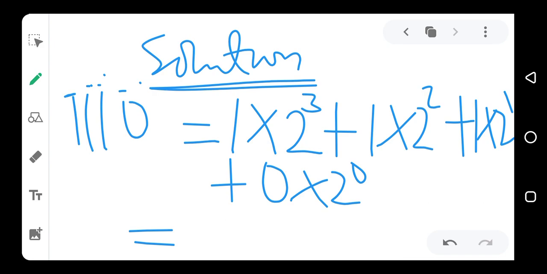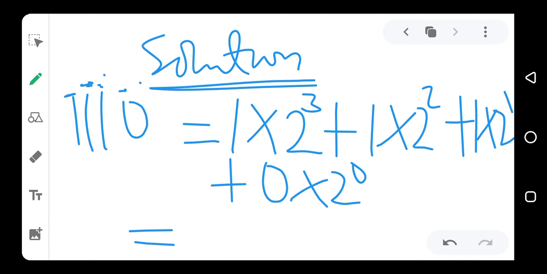The second one, pick this number, how many are remaining in front of it? 1, 2. It becomes 1 times 2 raised to power 2. So the power is the number of figures remaining in front of the one you are counting.